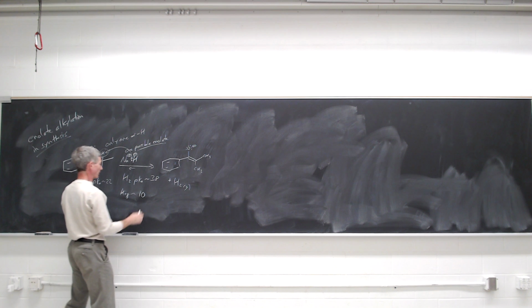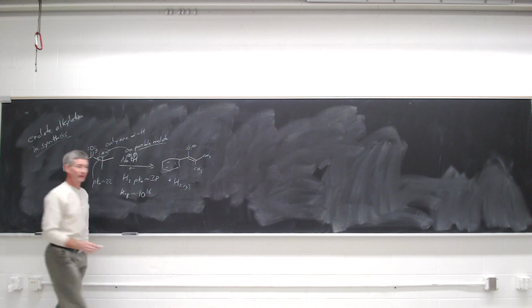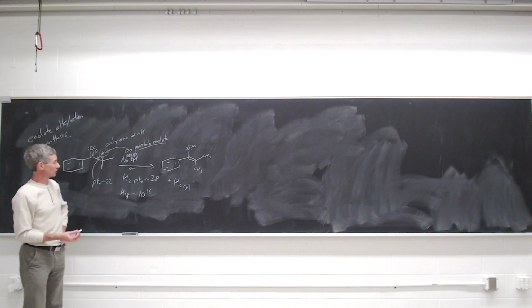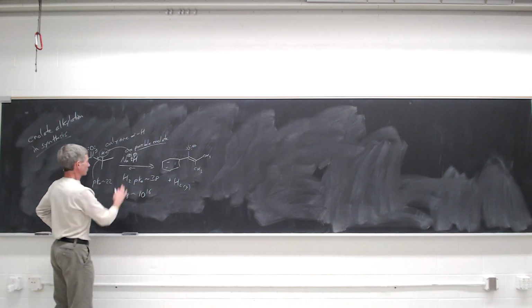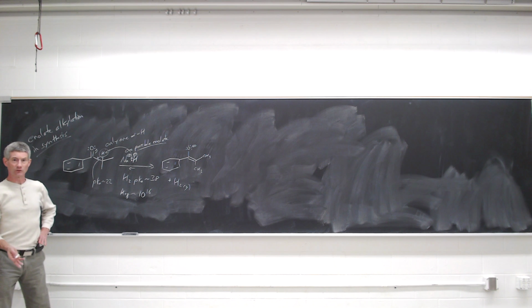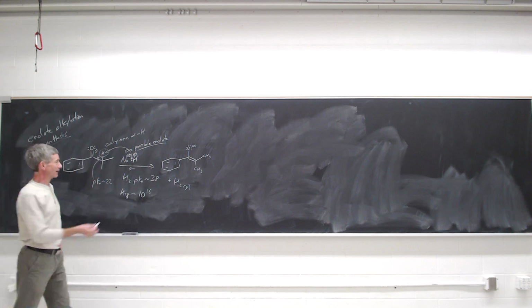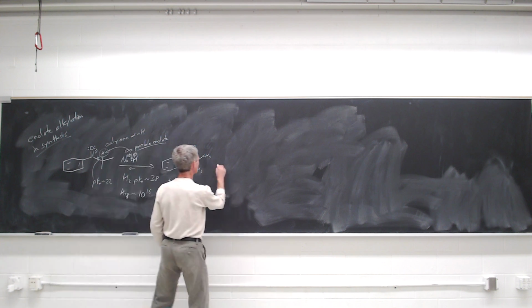So our equilibrium constant is again around 10 to the 16th, because hydrogen gas is a little bit less acidic than the diisopropylamine. So we can get this reaction to go to completion, and if we keep it fairly cold, it's going to stay as this enolate.